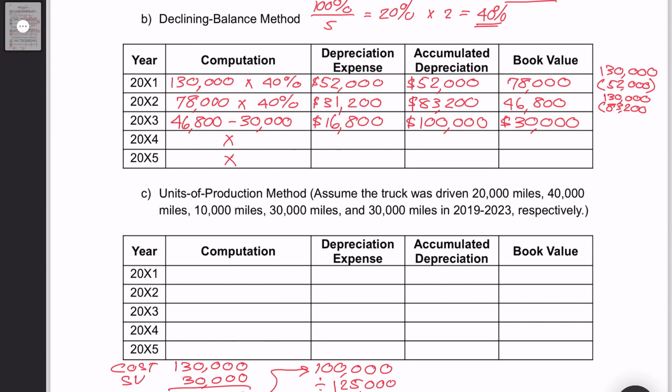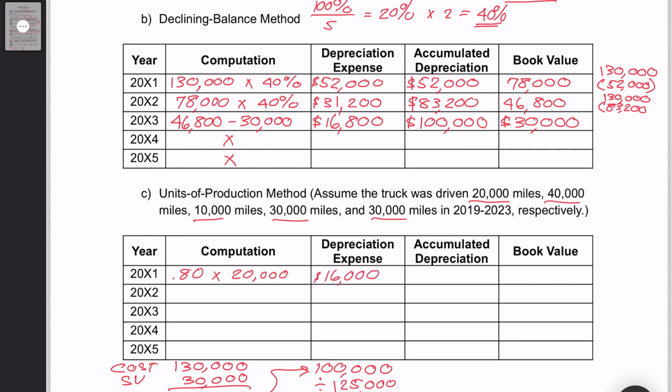So again, I'm going to go ahead and use the computation column on this one. We're going to go back to the problem for C. Assume that the truck was driven 20,000 miles in the first year, 40,000 in the second, 10,000, 30,000, and 30,000 in the subsequent years. So I know that my depreciation rate is 80 cents per mile. I'm going to multiply that in the first year by the amount of miles driven, which was 20,000. That's going to give us a depreciation expense of $16,000.